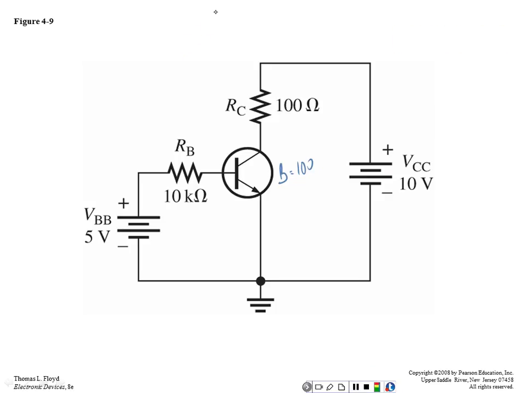Now do the voltage collector to emitter. Why are we looking for this? It determines the region that the transistor is operating in. If voltage collector to emitter is less than 1 volt, we consider this transistor to be saturated. If voltage collector to emitter equals VCC, we consider the transistor to be cut off.